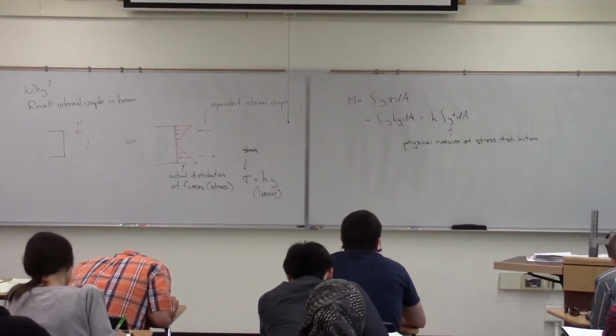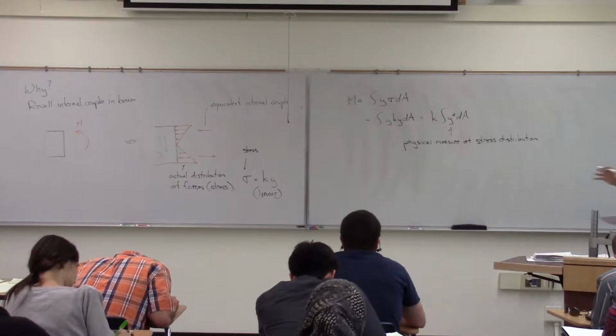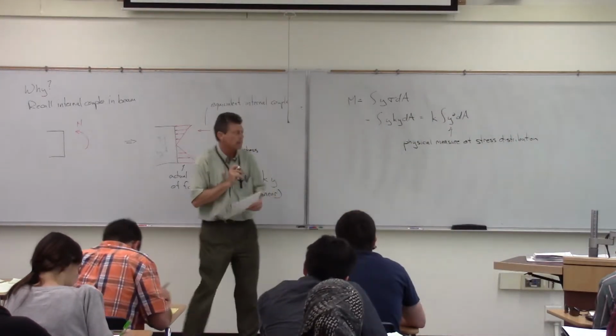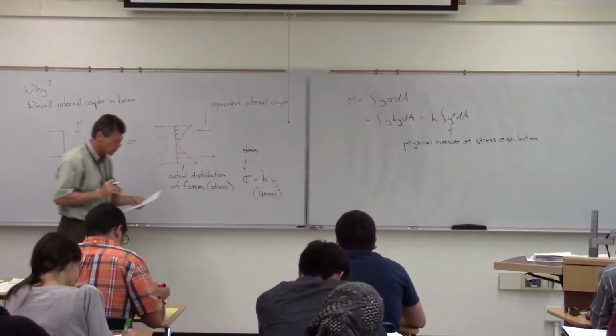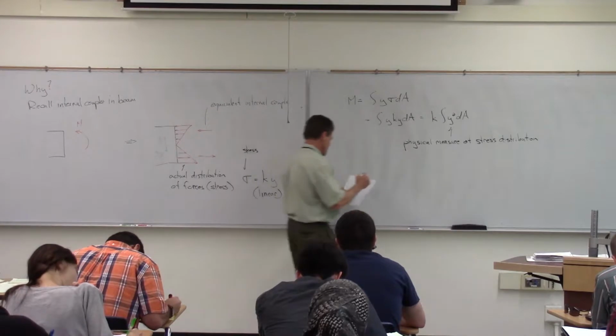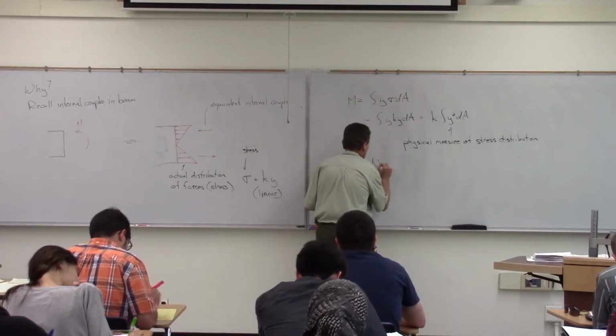It'll give us an idea of how this distribution occurs, how much stress is going to be needed to resist some sort of a moment or to create some sort of a moment. One note.